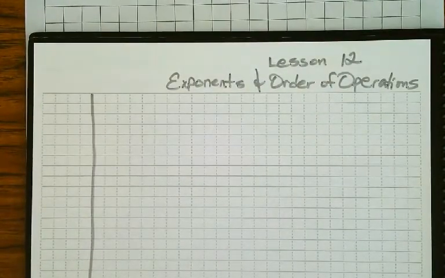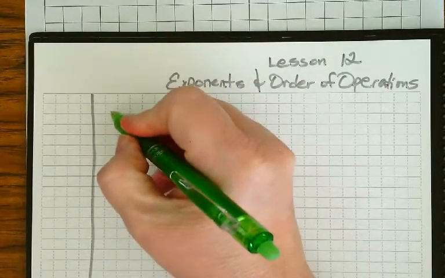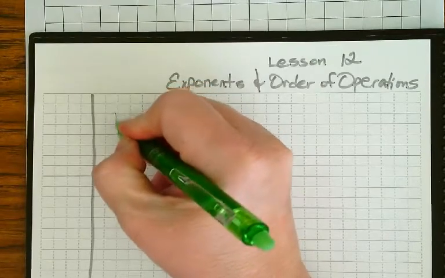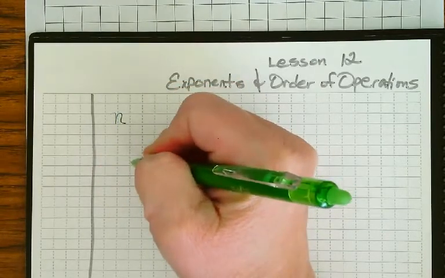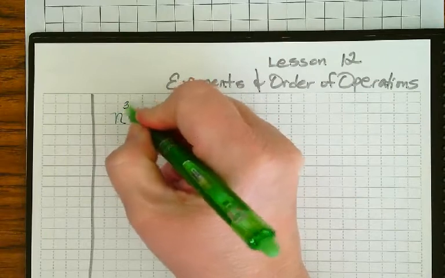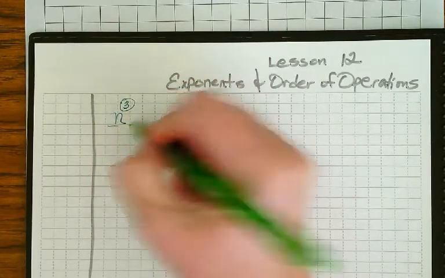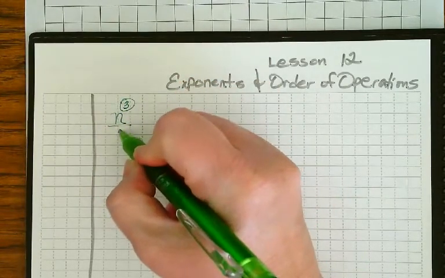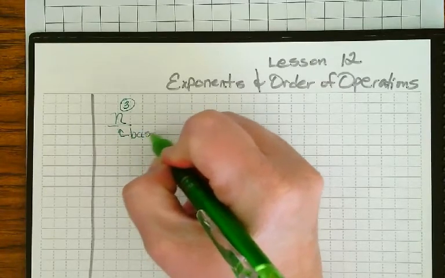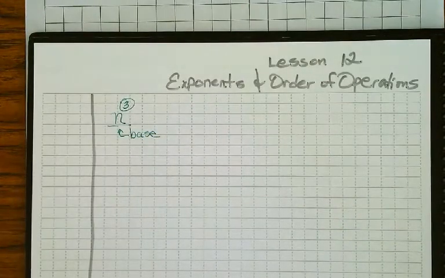Exponents. I know you've seen these weird things, and you're like, what? So let me break it down for you. Here we go. We have two things here. This is called the base. You know it's all about the base. Seriously.